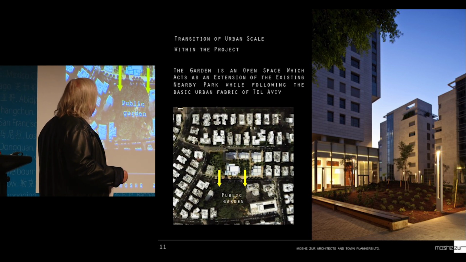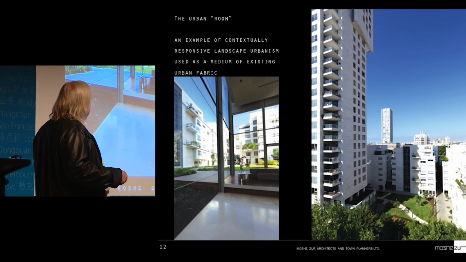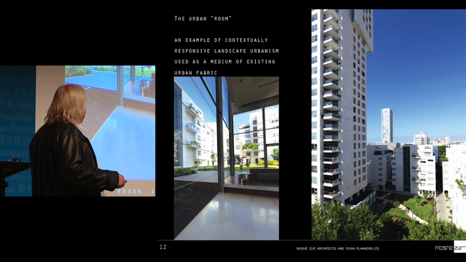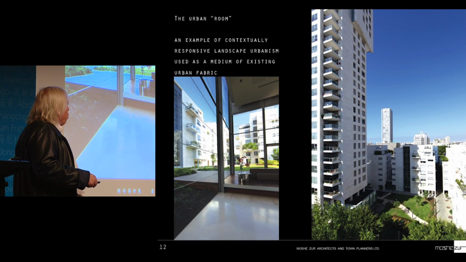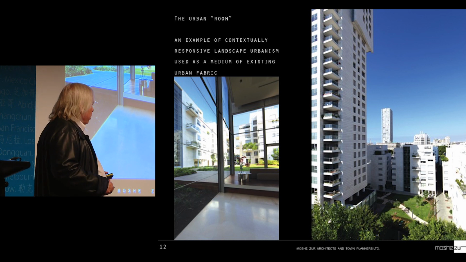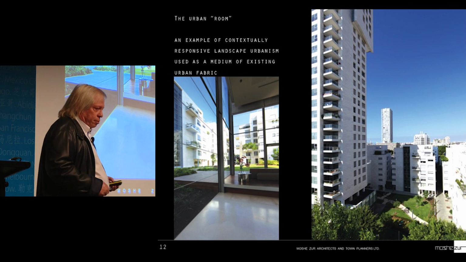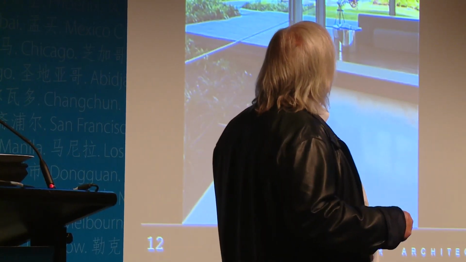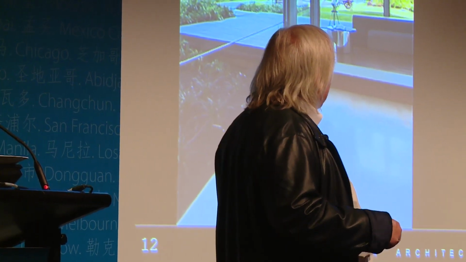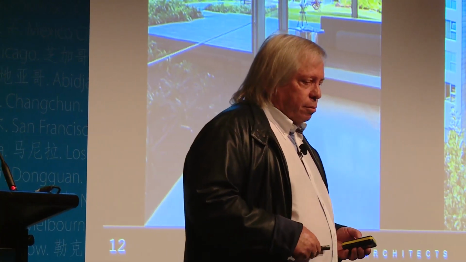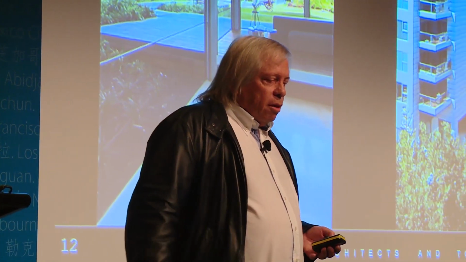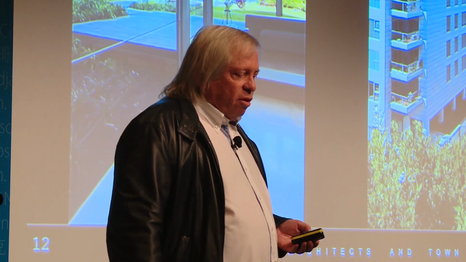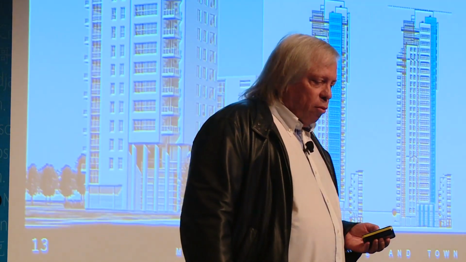And we see that actually the lobby of the tall building is the garden defined by the walls of the low-rise buildings. So we call this an urban room, in which we located the tower and also its lobby. This is an example of contextually responsible landscape urbanism used as a medium of the existing urban fabric.